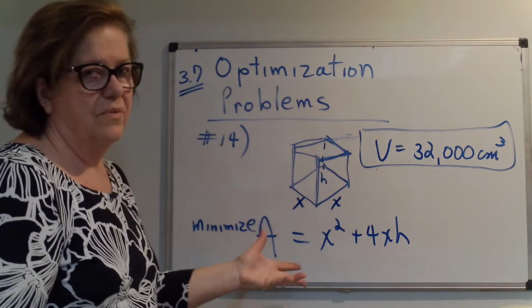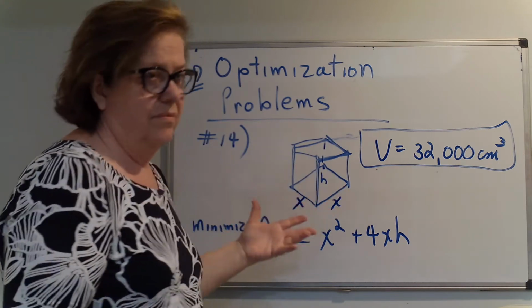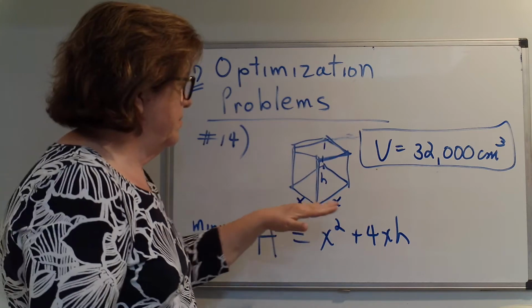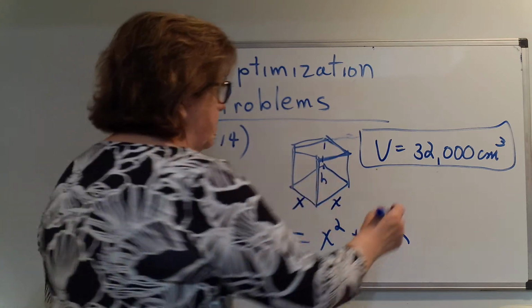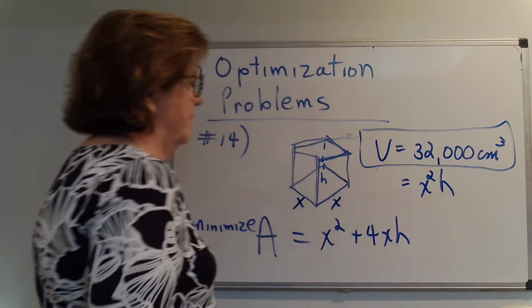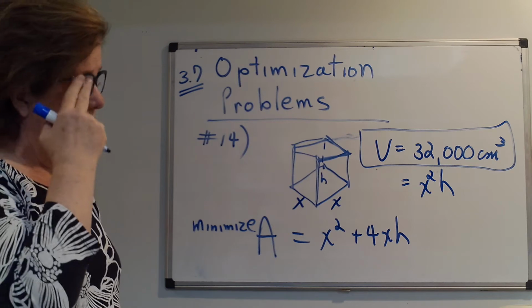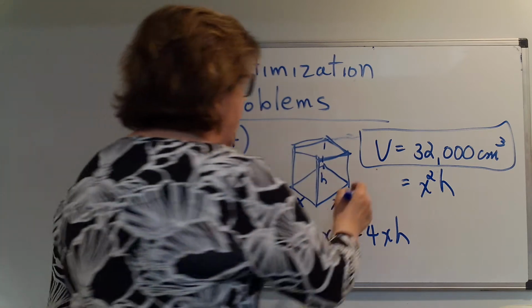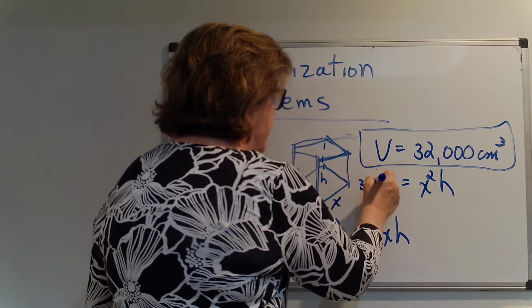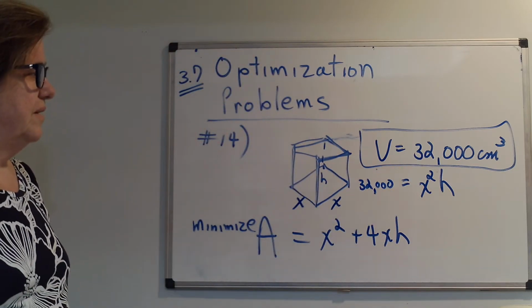What's the volume of a rectangular prism? It would be the area of the base times the height. Multiply each of the dimensions. Now we've got that 32,000 equals x squared times h.